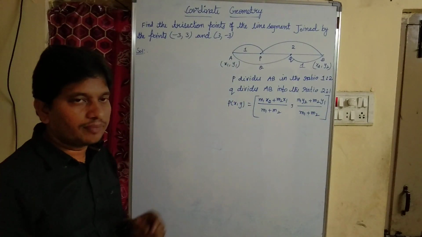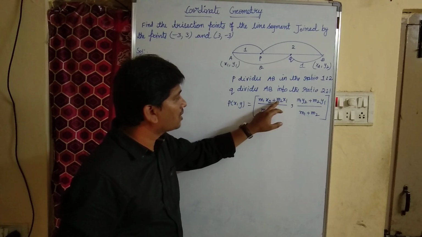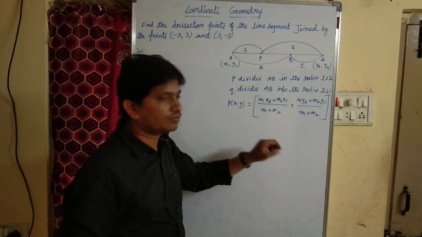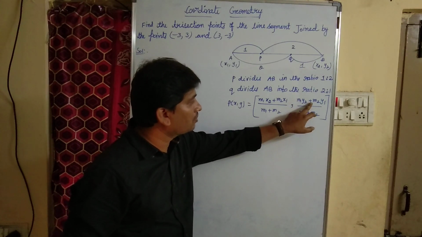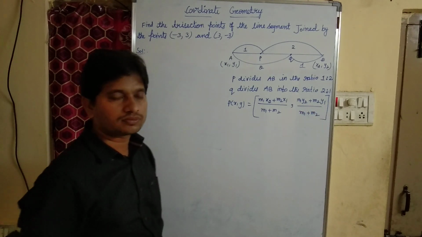What is the section formula? m1 into x2 plus m2 x1 divided by m1 plus m2. In between we have comma. m1 into y2 plus m2 into y1 divided by m1 plus m2.